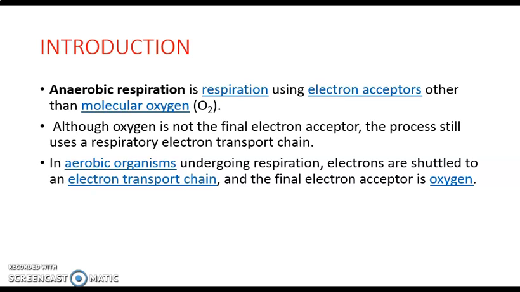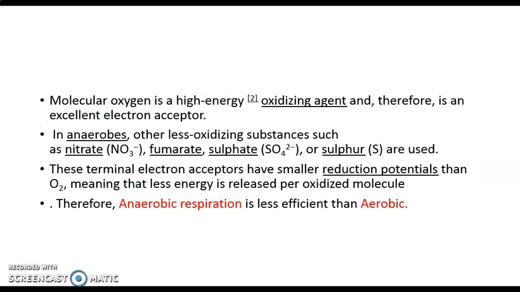In aerobic organisms which are undergoing respiration, electrons are shuttled in the electron transport chain, and the final electron acceptor is nothing but oxygen in air respiration. Molecular oxygen is a high energy oxidizing agent, and therefore it is an excellent electron acceptor.